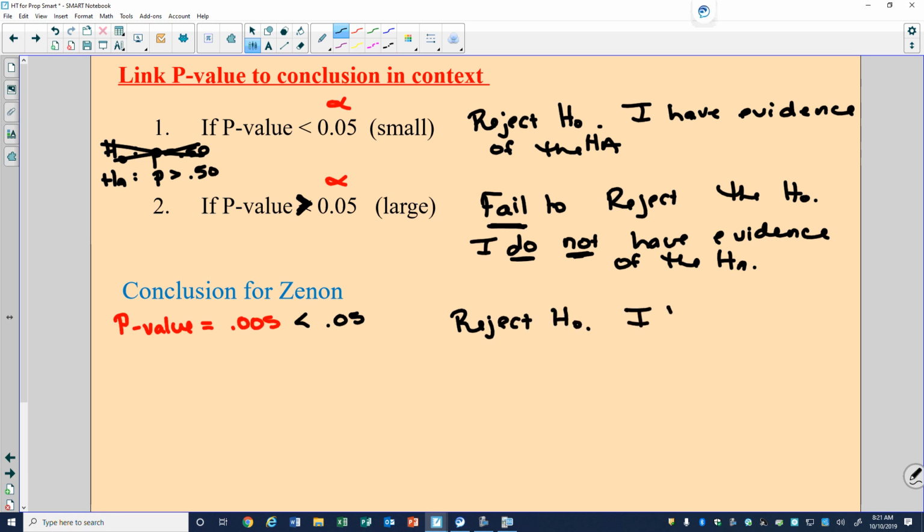And that means I have evidence of whatever it was I was trying to prove. And in Xenon's case, he was trying to prove that there was a preference for the name brand potato chips. So I have evidence that students prefer the name brand.